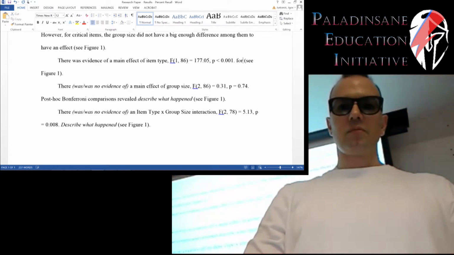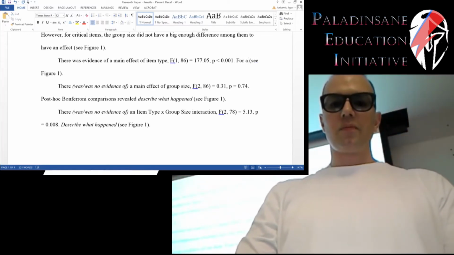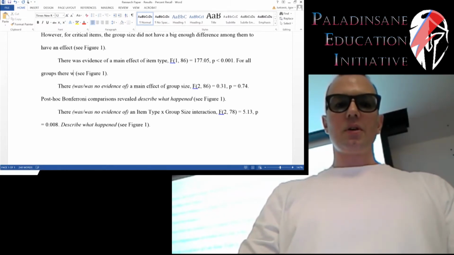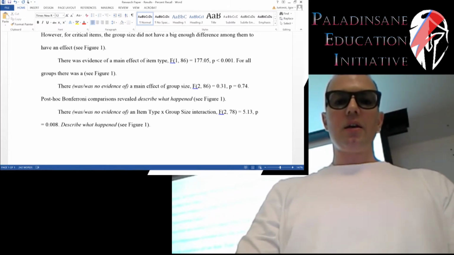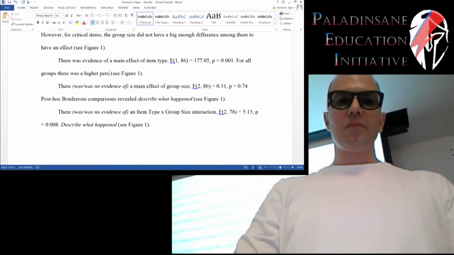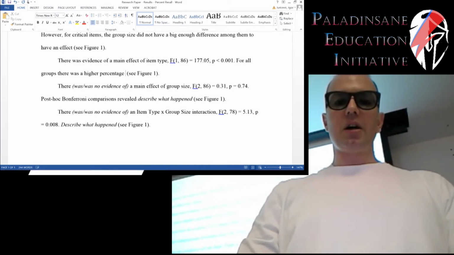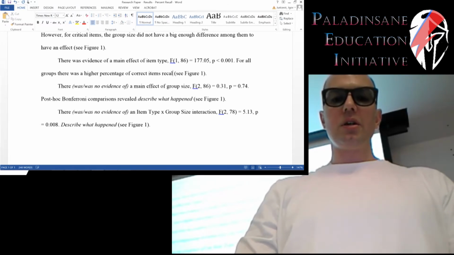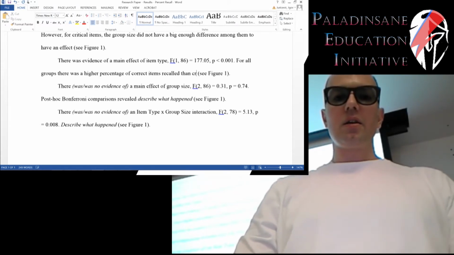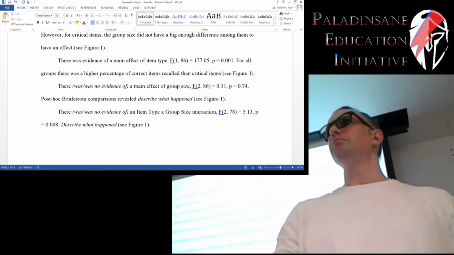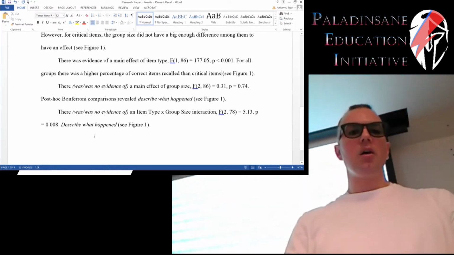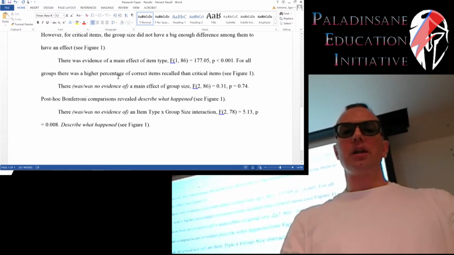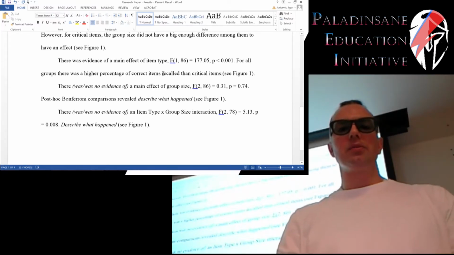Higher percentage. For all groups, there was a higher percentage of correct items recalled than critical items. I think that's mostly what we had there. Okay, so for all groups, there was a higher percentage of correct items recalled than critical items.